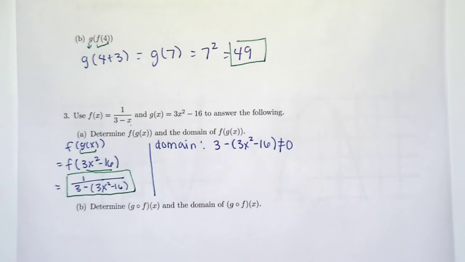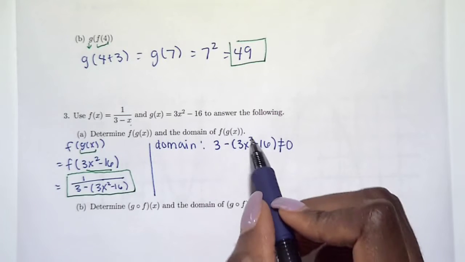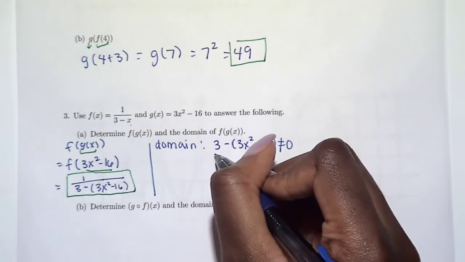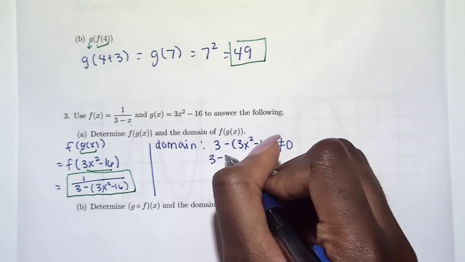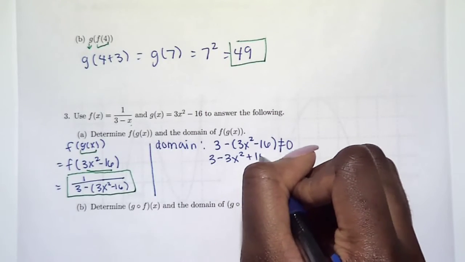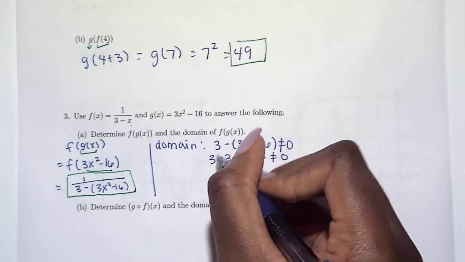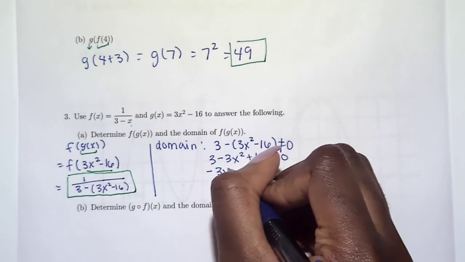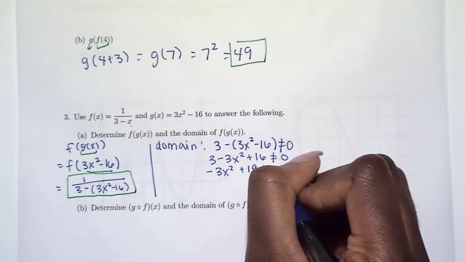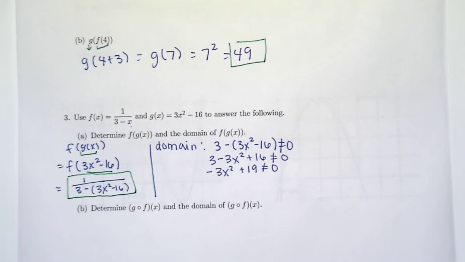All right, so let's see, what can x not be then? First, I'm going to distribute this negative. And combine like terms, so 3 plus 16 is 19. I'm going to subtract the 19 from both sides. Actually, I think life would be easier.